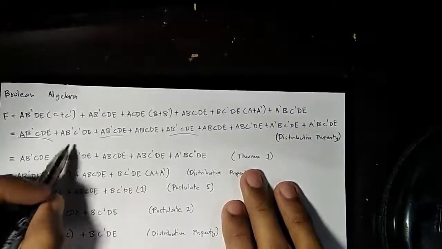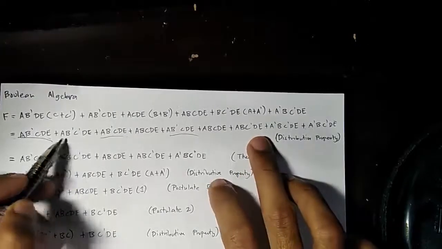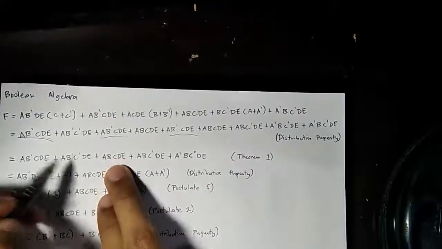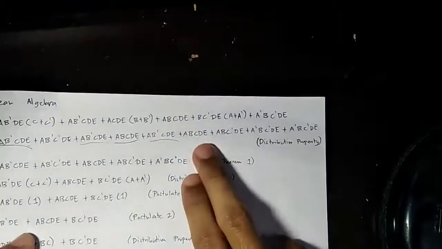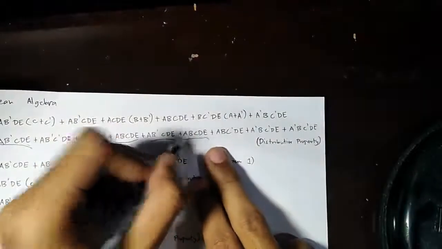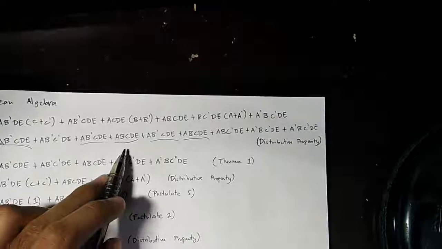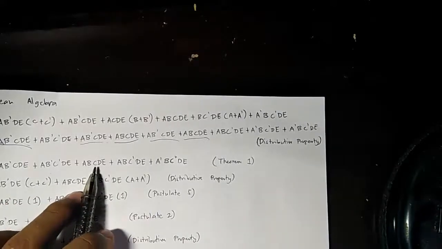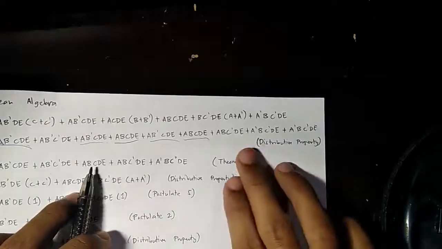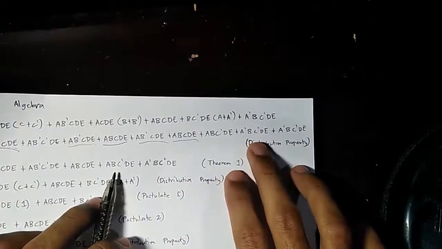Here I think it has no similar terms, so just copy it down. Here we have ABCDE, and we have ABCDE also, so exclude the one ABCDE, just copy the other one. The same happens with the ABC'DE.